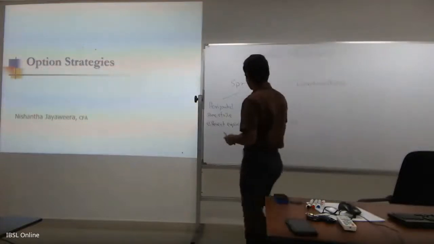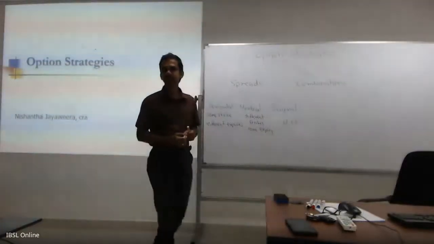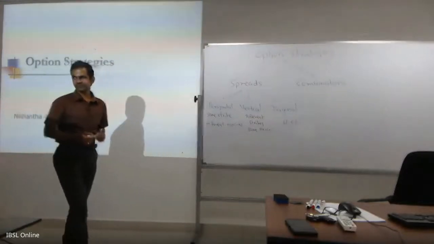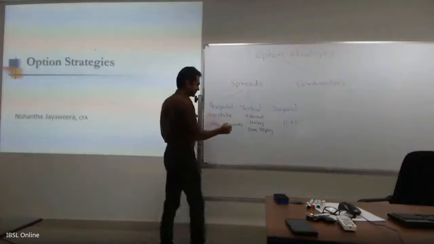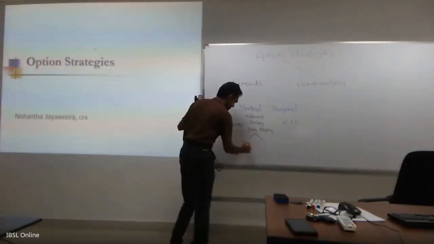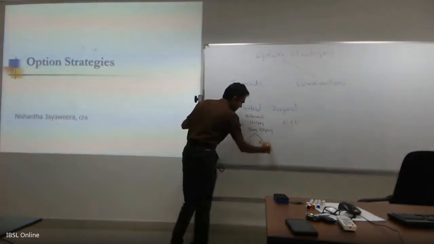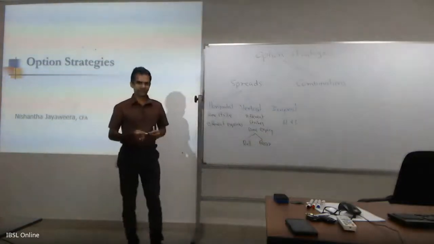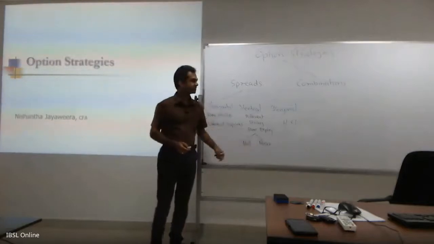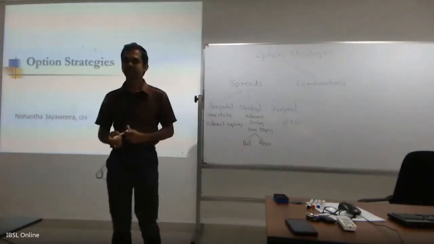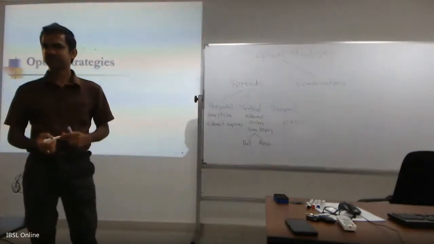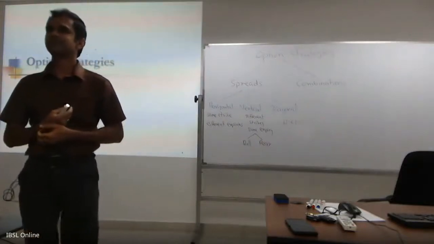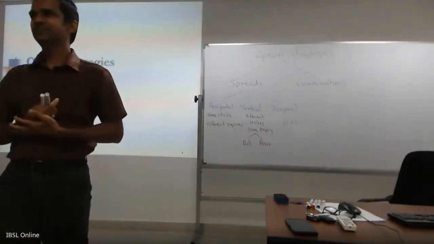What are the vertical spreads that we discussed? Bull spread and bear spread. What is a bull spread? The view is moderate bullish.